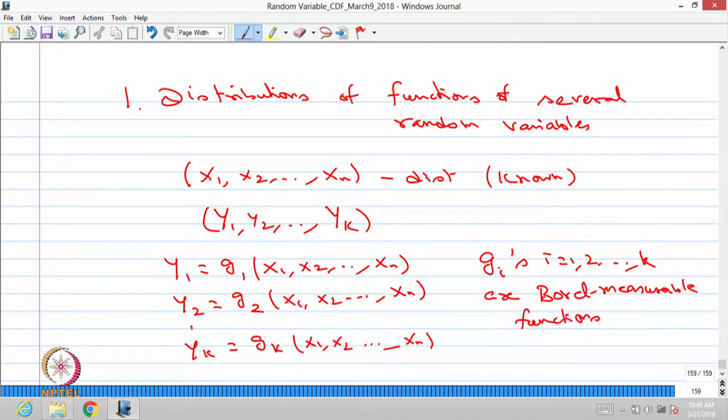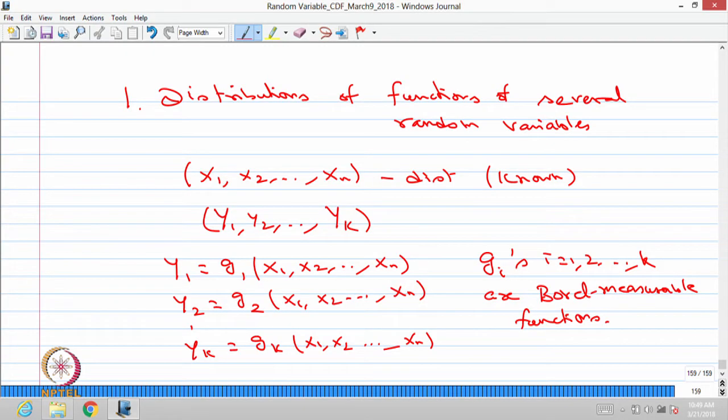The same thing we have done in the one-dimensional random variable. When x is a random variable and g is a Borel measurable function, then y is equal to g of x is also going to be a random variable. The same concept we are using for several random variables.